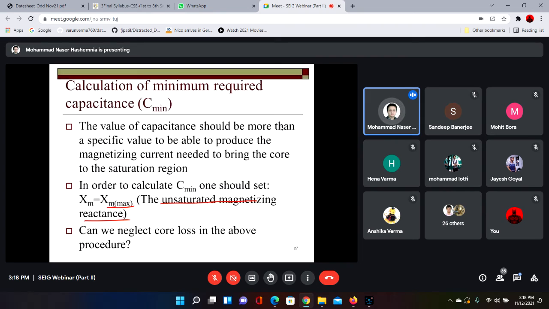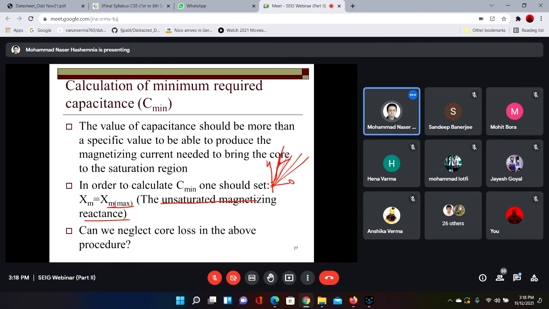The minimum capacitance means you are decreasing the capacitance, then you come here, then you are at the unsaturated region. So C min corresponds to Xm maximum value. So this is a hint to obtain the value of the minimum capacitance.